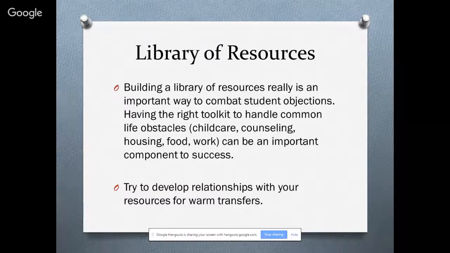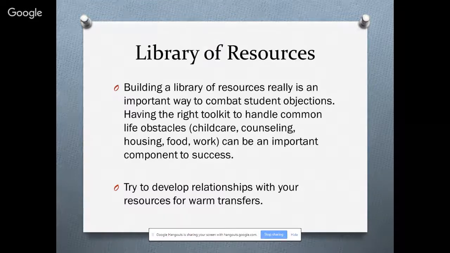And trying to develop relationships with those resources is important as well. So if you have a particular resource that you use for counseling or childcare or for work resources, employment resources, get to know those resources well, develop relationships, because it can make all the difference if you can provide a student with a warm transfer to that resource and you get to know that resource, following up, supporting that student, letting them know, hey, I know these folks, you can work with them.